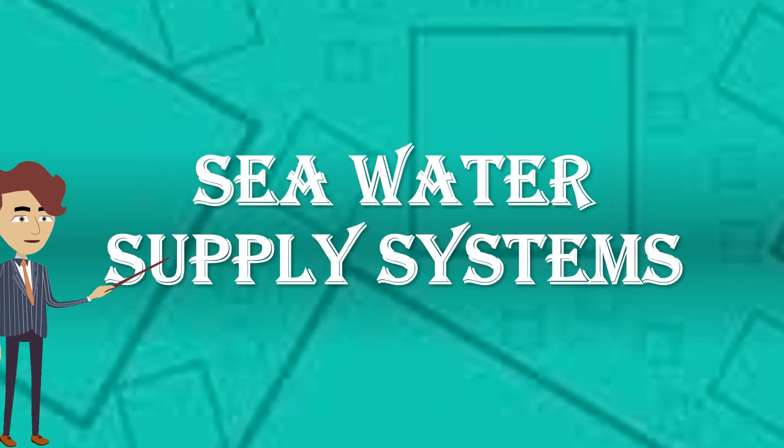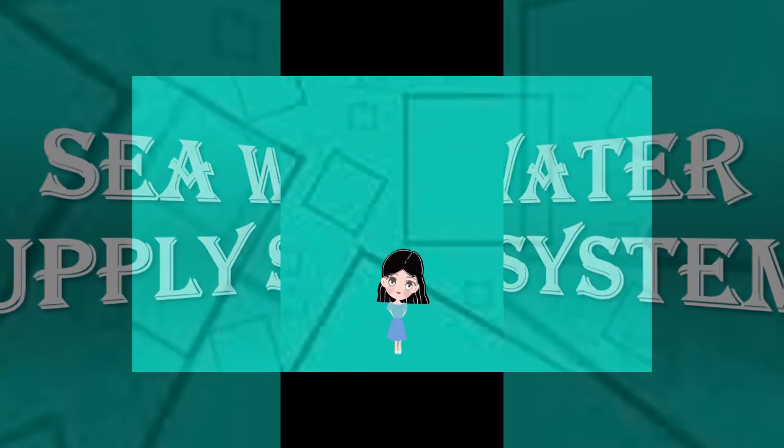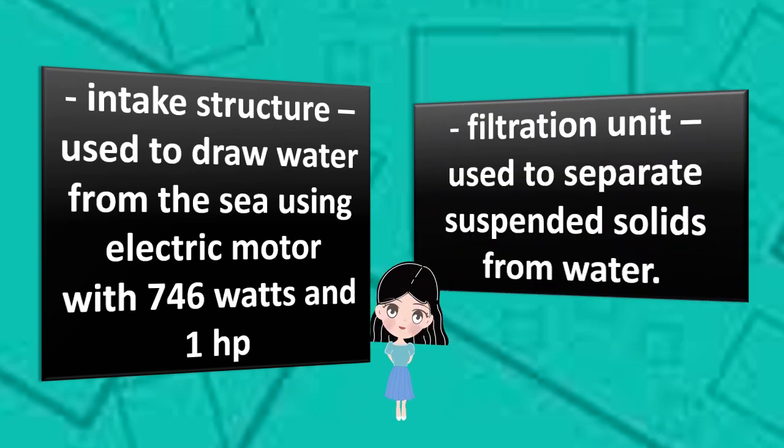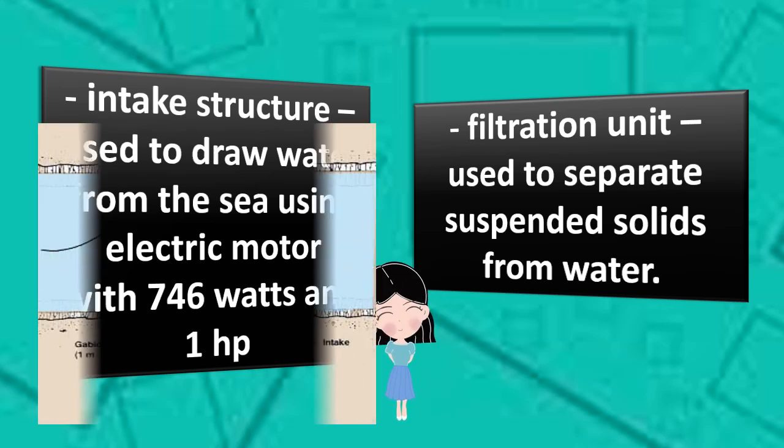Let us have the seawater supply systems. Intake structure, used to draw water from the sea using an electric motor with 746 watts, or 1 horsepower. Filtration unit, used to separate suspended solids from water.